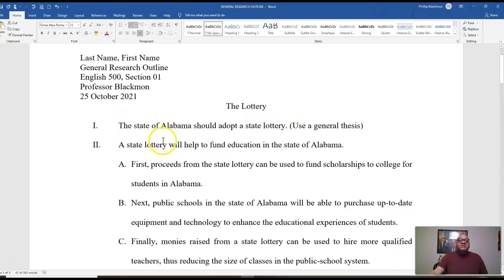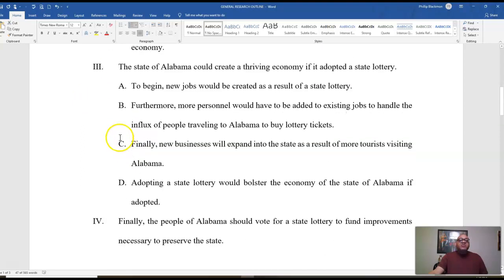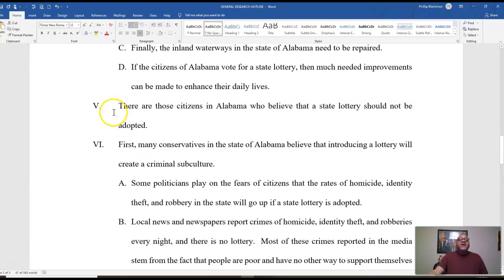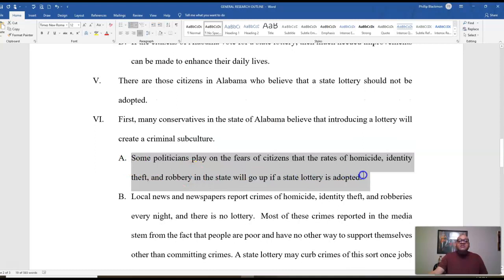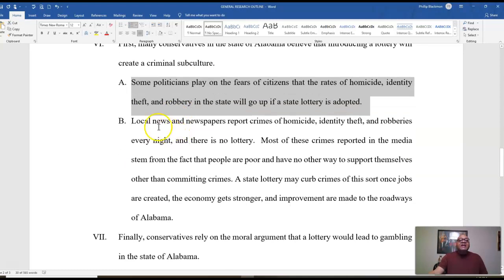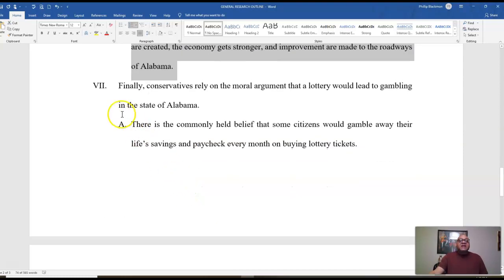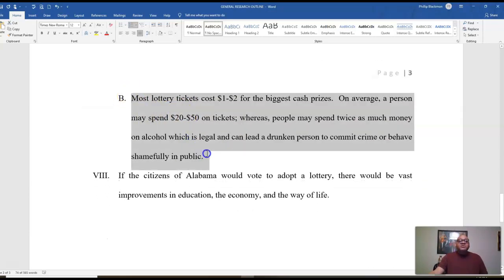There is no ABC, okay? Roman numeral number 2 has ABCD. Roman numeral 3 has ABCD. 4 has ABCD. 5, there's nothing here but Roman numeral number 5. 6 has a supporting reason for 6, and it has a B, which is the refute. 7 has an A, which supports Roman numeral number 7, and a B that refutes.